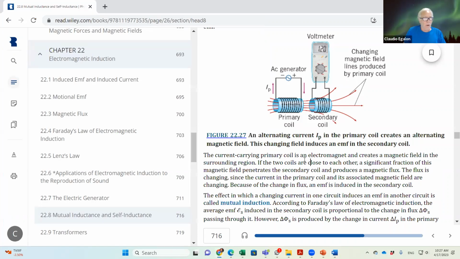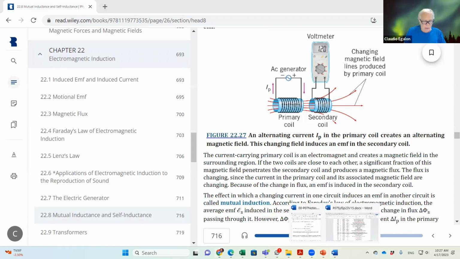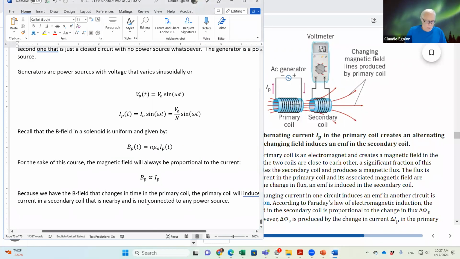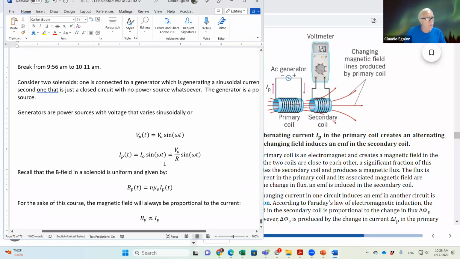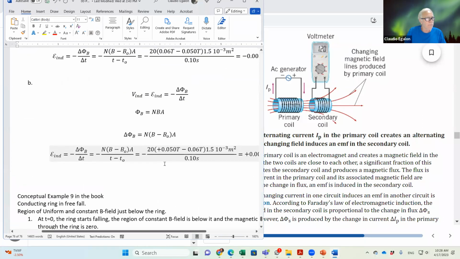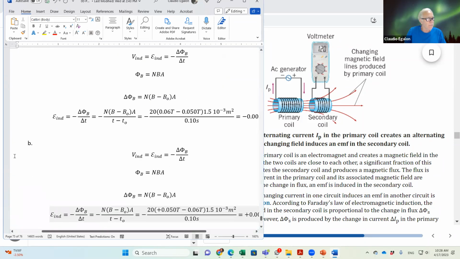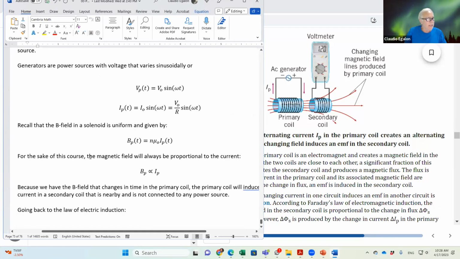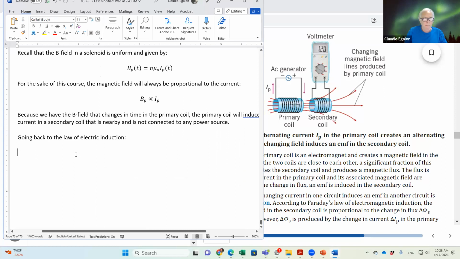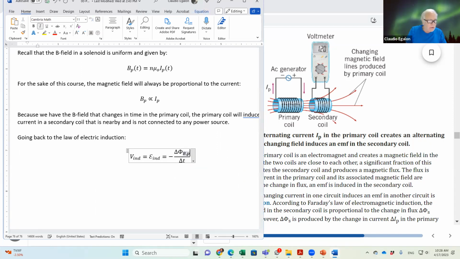So, going back to the law of electric induction, we're going to have something like this.